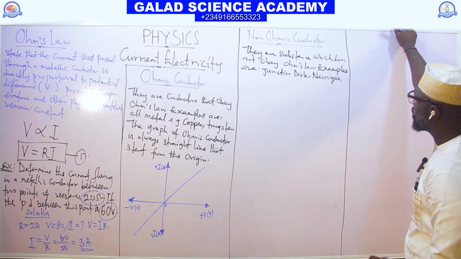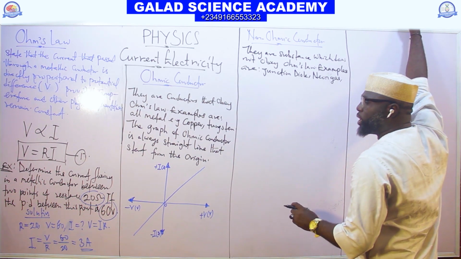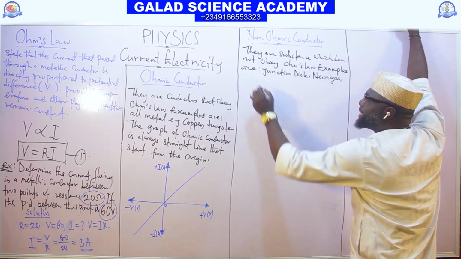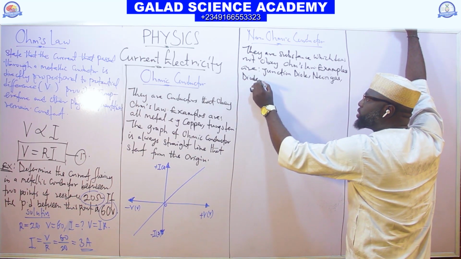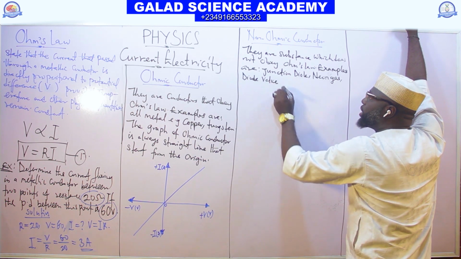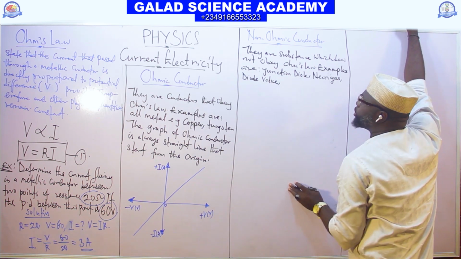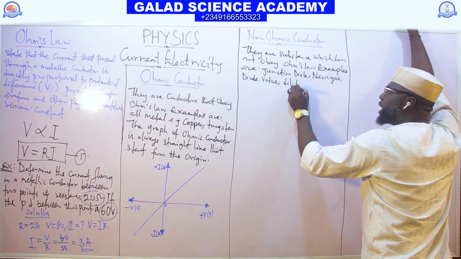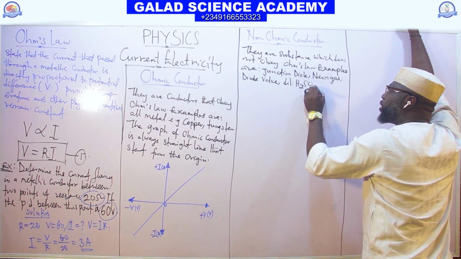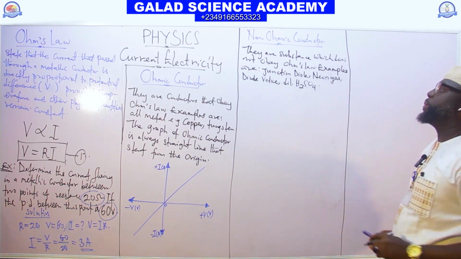Neon gas is also a non-ohmic conductor. We also have the diode valve, which is a non-ohmic conductor. We also have dilute H2SO4, which is also a non-ohmic conductor.